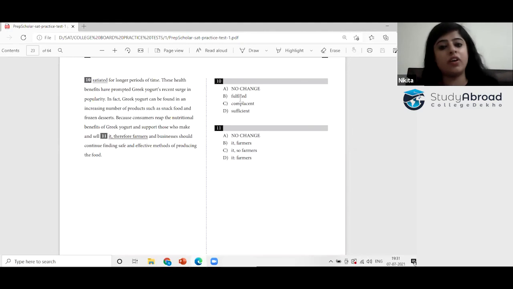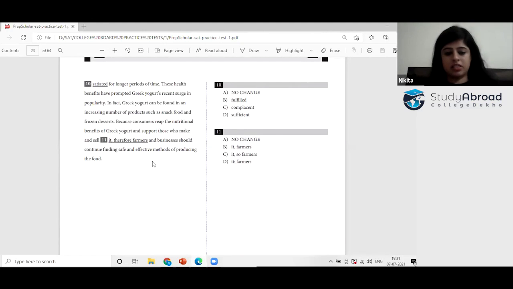Satiated is also the feeling of satisfaction, but it is a more specific word which is related to food satisfaction, the satisfaction that you get when you are full. Complacent means self-satisfied. Definitely we are not talking about self-satisfaction. And sufficient means adequate. So we are definitely not talking about adequacy as well.